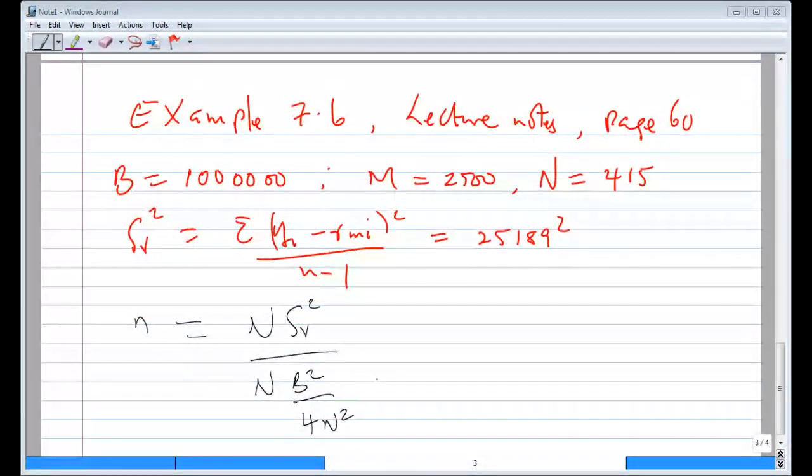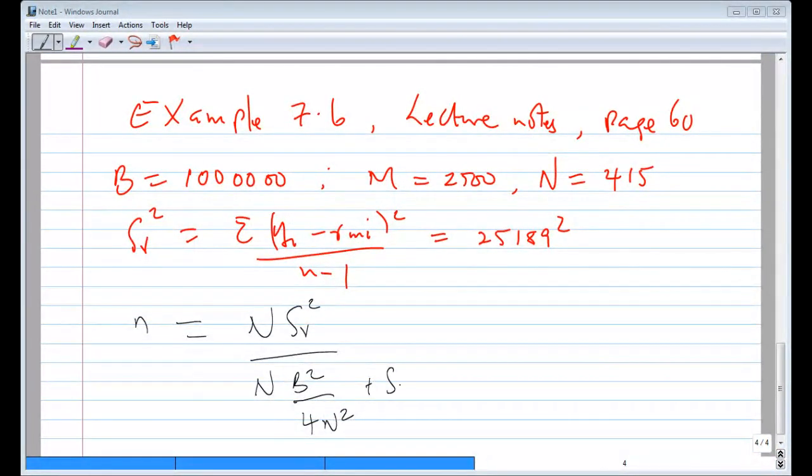So this is the formula, then plus sample variance. So the number of clusters is 415. And the sample variance again is 25189. Then you square it. Then you divide it by, again, the number of clusters, 415.